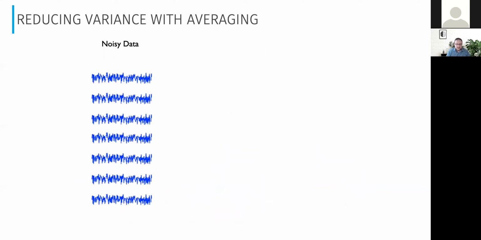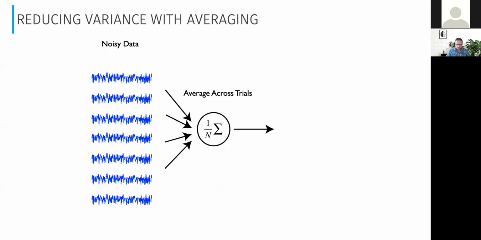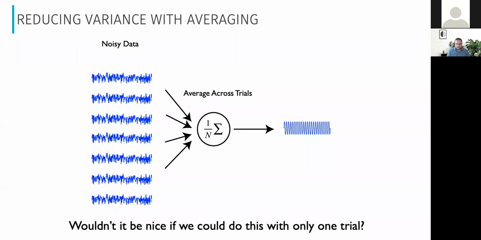Well, you repeat the experiment again and again, and you average the data across the trials, and then hopefully the noise cancels itself out, and you get the signal that you're looking for. The problem is we're not necessarily looking at multiple trials. You could do this with the actual data, but really, wouldn't it be nice if there was a way to do this if we only had one trial?